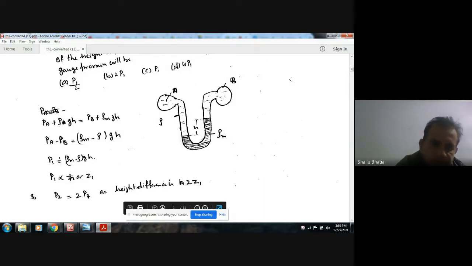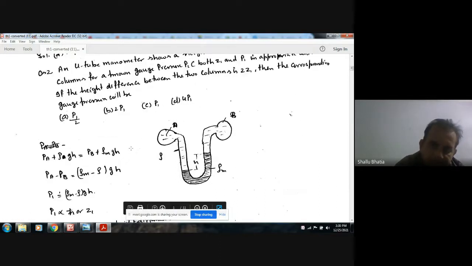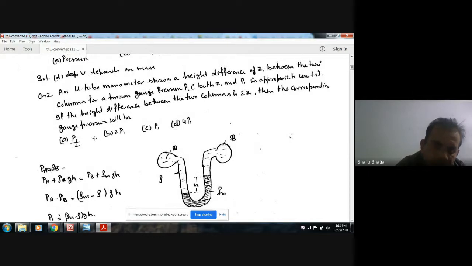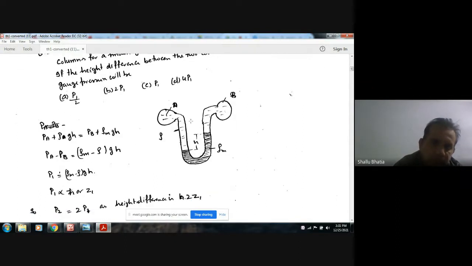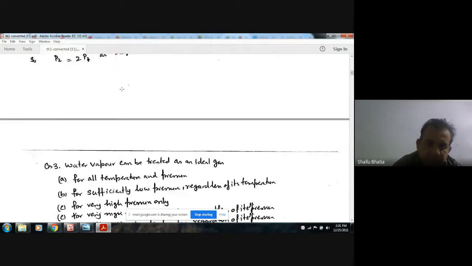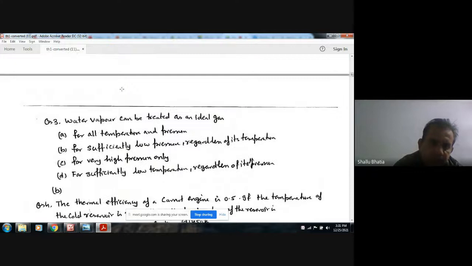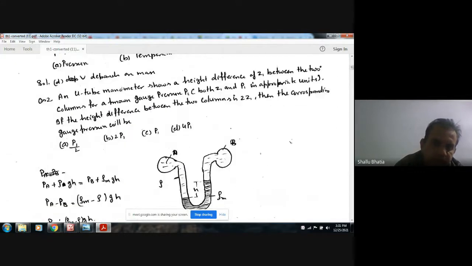Now when the height difference is 2 Z1, the corresponding gauge pressure will be doubled. So it will be 2 P1. So answer is 2 P1.